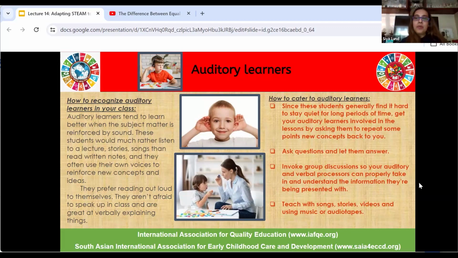And you can teach with songs, stories, videos, and of course using music and audio tapes is a fantastic way. In one of the older children's classes, even at the IB level in 11th and 12th, I've seen teachers using specific rap songs to teach children very high level English concepts, like maybe essay writing or higher level prepositions and adjectives.